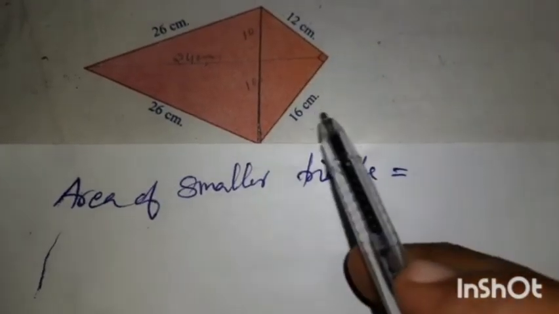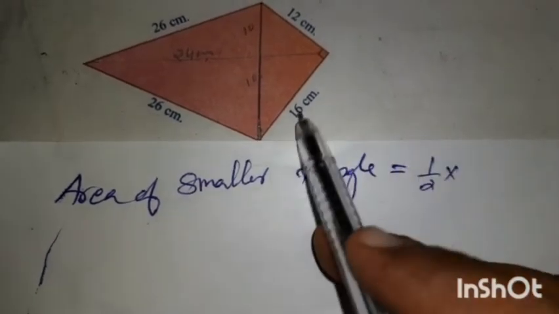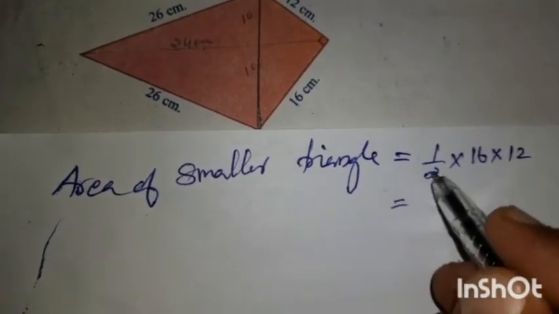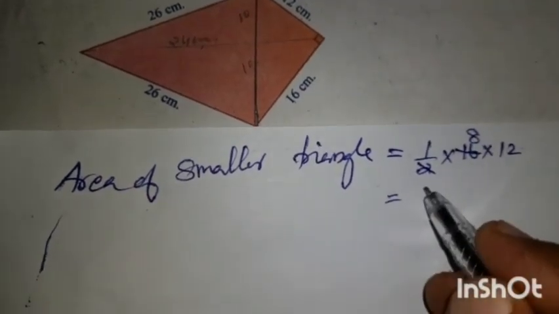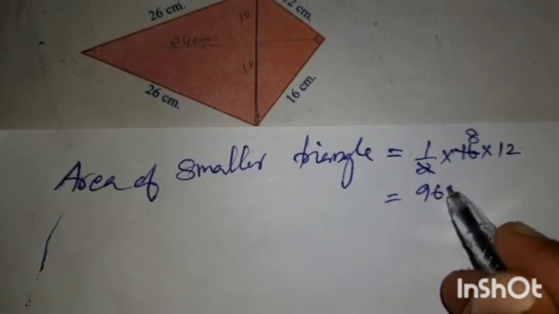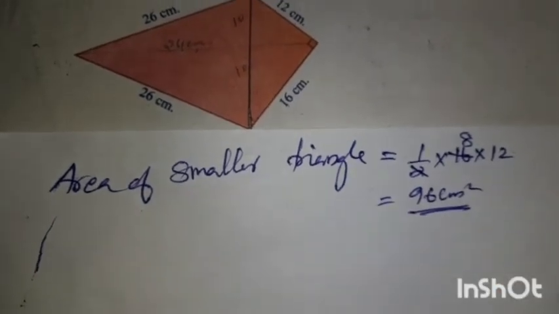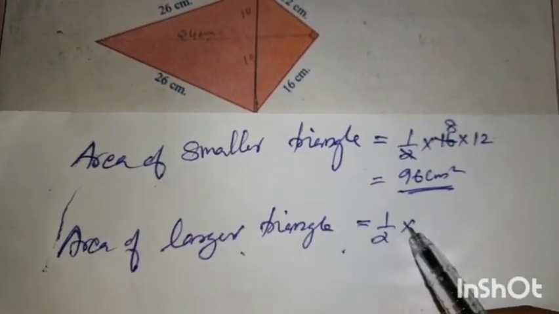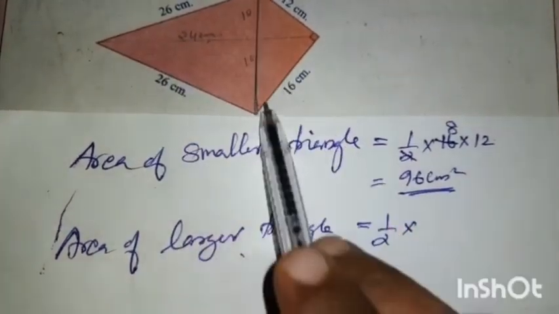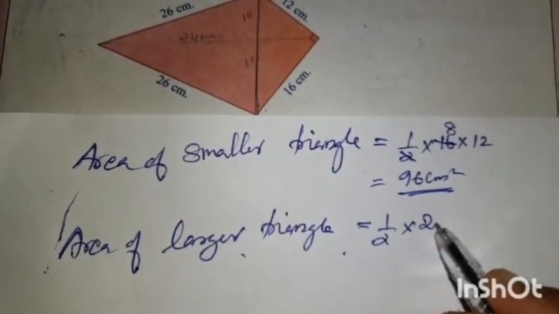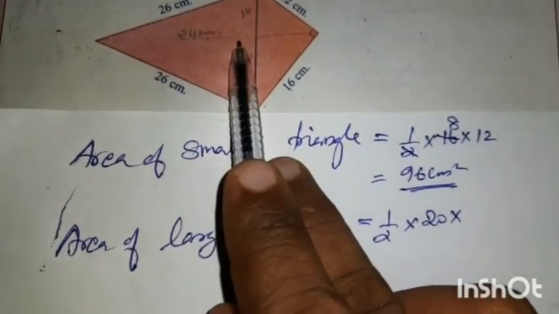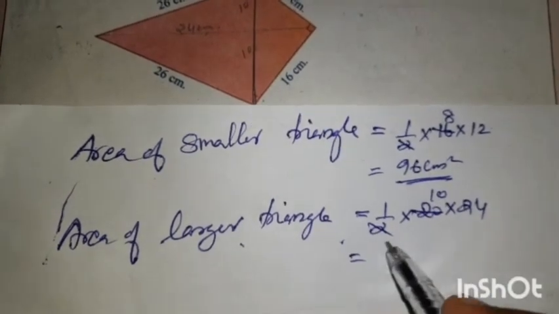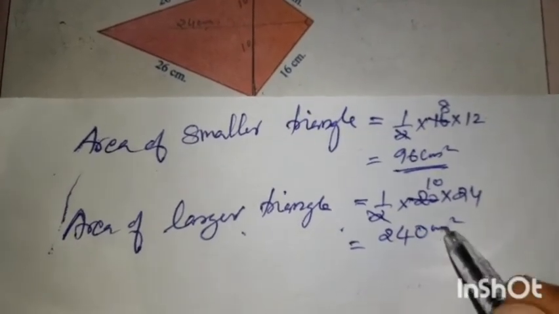So area of small triangle is equal to half into 16 into 12. 8 into 12 we are getting 96 centimeter square. Area of the larger triangle is equal to half into 20 as the base length into this length, 24. 10 into 24, so I will get 240 centimeter square.